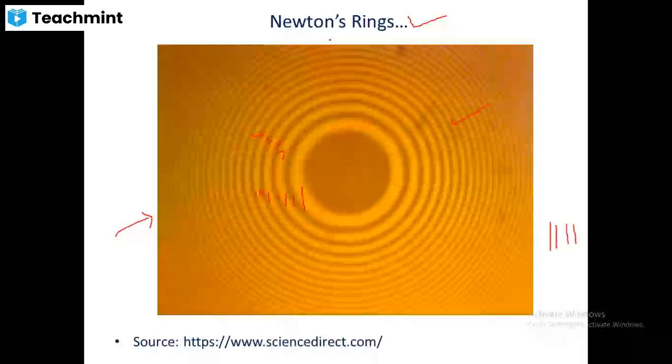With all these examples, you now have some idea of what interference is all about, and the day-to-day applications we come across in our daily life. With these pictures in our mind, we'll try to understand what exactly interference is, how it takes place, what the reason behind it is, and what the types of interference are.